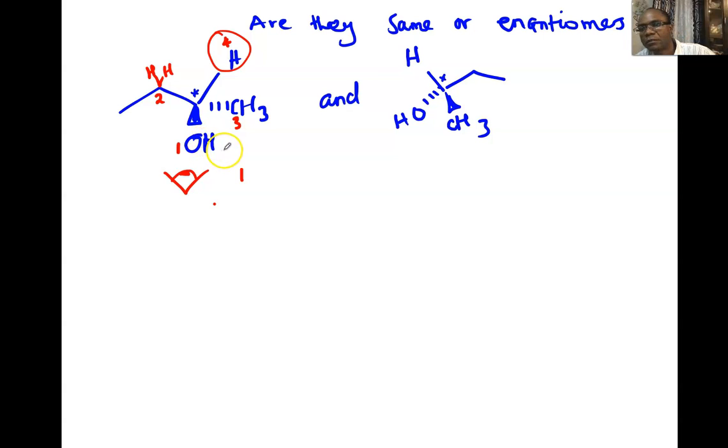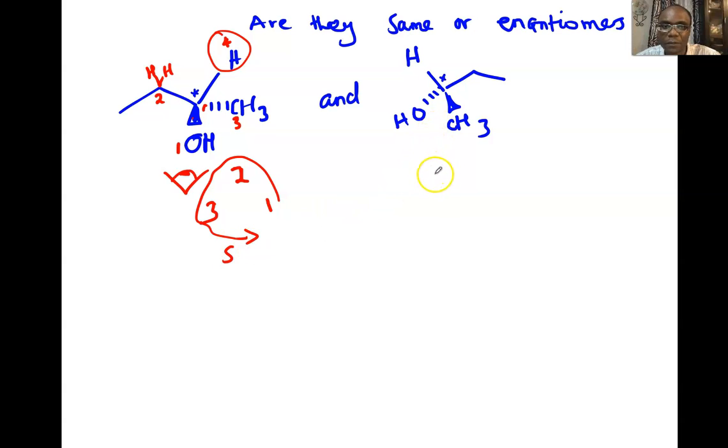I'm trying to see who will be on top looking at the molecule that way. 2 will be on top, 3 should be here, and 1 should be here, because with the dash bond, that's away, to the left. This should be to the right because it's shaded. So we are going S for this one.